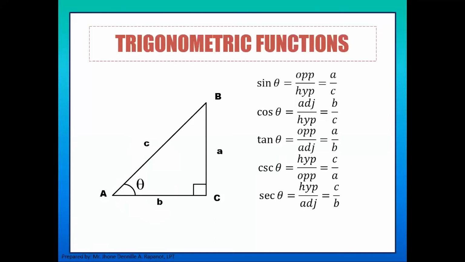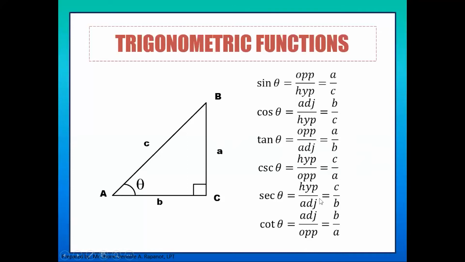Now lastly, your cotangent, we compute that as adjacent over opposite. Adjacent to angle theta is B. Opposite to that is A. So we have cotangent equal to adjacent over opposite, equal to B over A. So again, these first three are just the inverse form of the last three trigonometric functions.